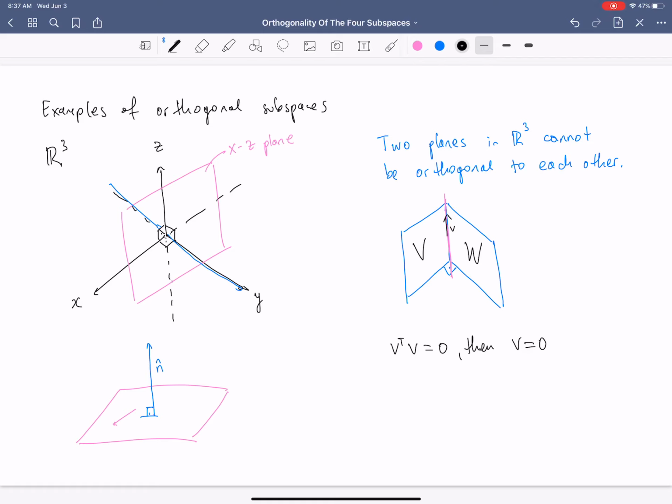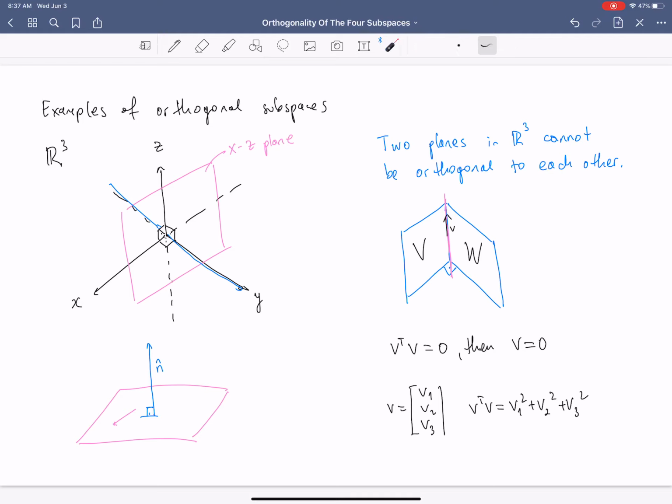Because what is this v transpose v? This is the dot product of a vector with itself. So if you have a generic vector with components v1, v2, v3, then v transpose v is v1 squared plus v2 squared plus v3 squared.